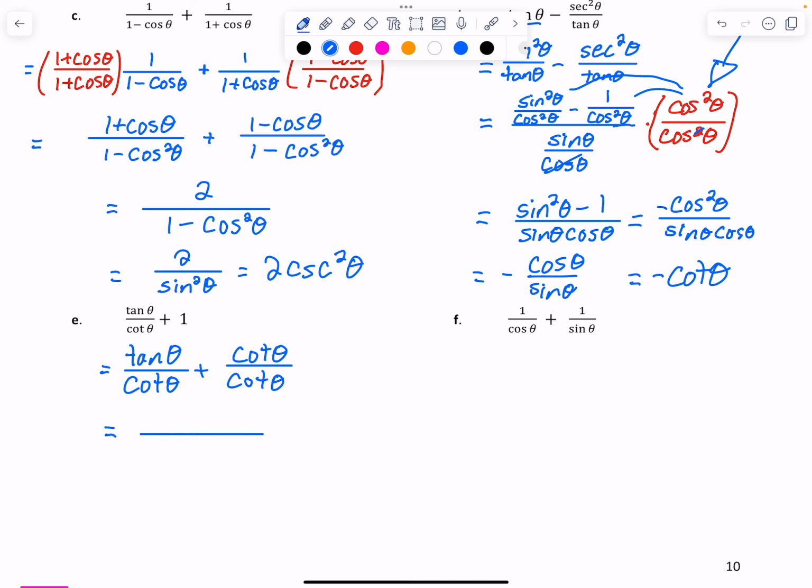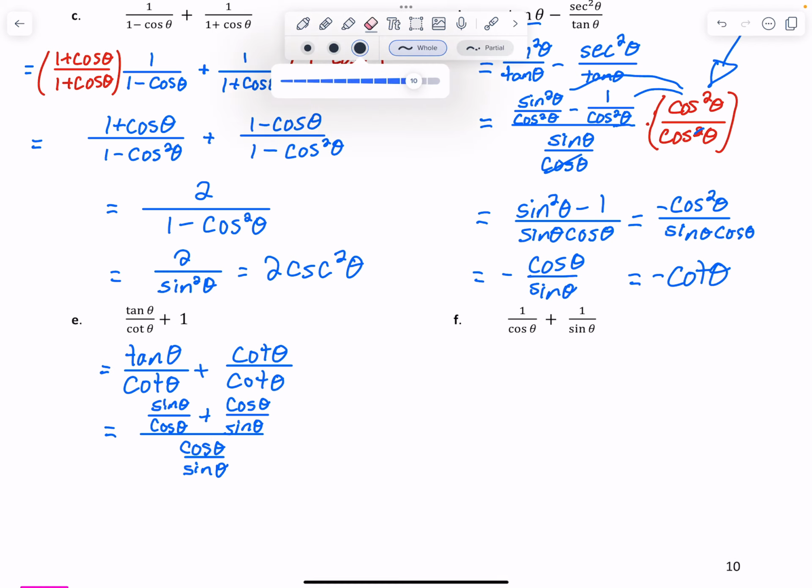So I'm going to put them together and change everything to sines and cosines. So I get sine theta over cosine theta plus cosine theta over sine theta, all over cotangent, which is going to be cosine theta over sine theta.